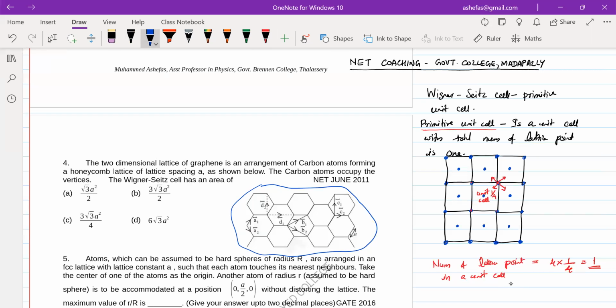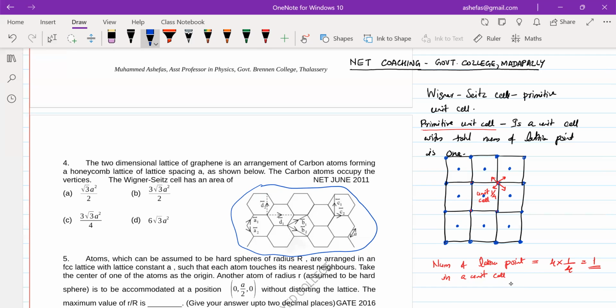There are four corners, and the contribution from each corner is 1 by 4, so 4 times 1 by 4 is 1. Plus there will be a contribution from the center of the lattice. So the total number of lattice points in this particular unit cell is 2. Therefore, this is an example of a non-primitive unit cell. The rectangular centered unit cell is an example of a non-primitive unit cell.